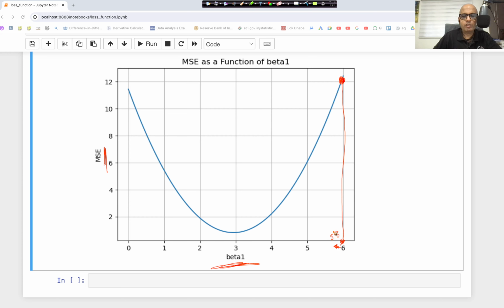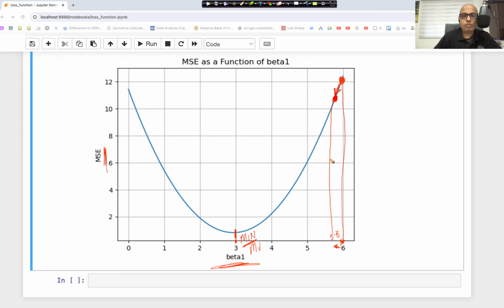And if it is 5.8, then this time the loss, the MSE that we get, is slightly lower. And so we essentially moved one step down here, and our goal is to reach this point, which is the minimum error, right? The smallest MSE that we can get is when the value of beta 1 is 3, right? So that's where we want to reach.